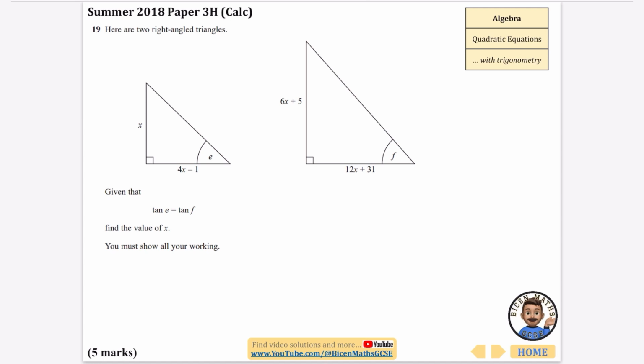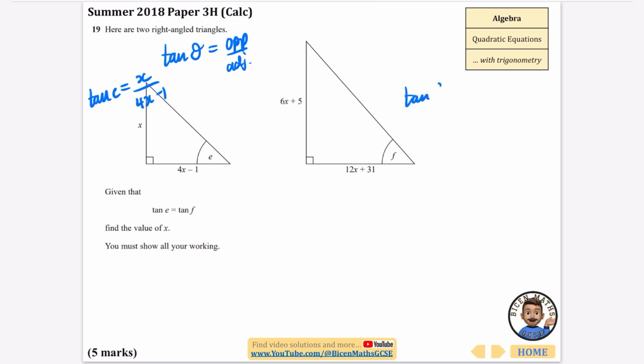Given that tan E equals tan F, find the value of x. Well, the tan of E, remember that tan of theta, or tan of x, whatever it is, is the opposite divided by the adjacent. So when we do tan E, let's just quickly jot down what that would be. Tan E is the opposite, which is x, divided by the adjacent, which is 4x minus 1.